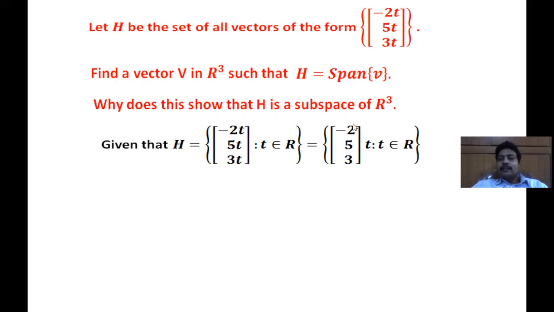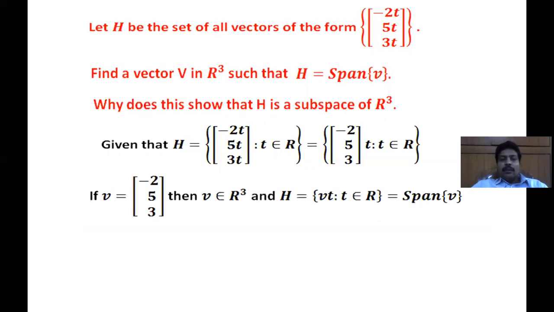So this can be written as the column matrix minus 2, 5, 3 multiplied by t. t is taken as common. It is taken out of the matrix. So this is our required vector. So if v is equal to minus 2, 5, 3, then v belongs to R3 since it has 3 components.